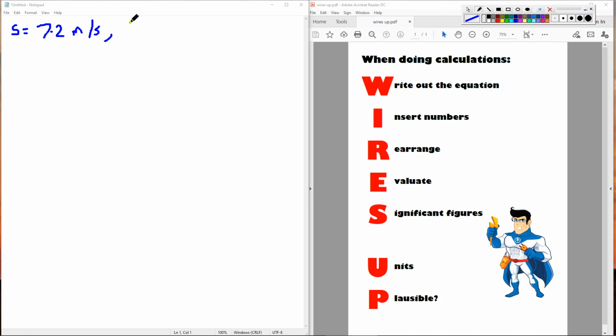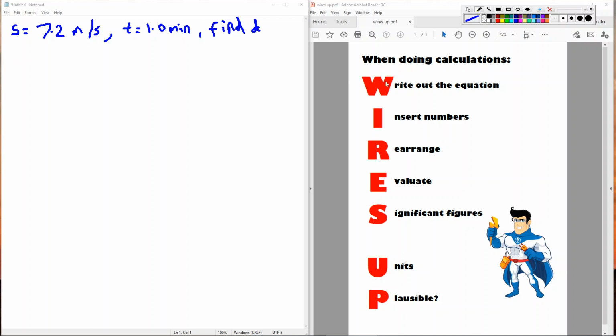And we're going to say it's traveling for 1 minute. We are being asked to find the distance travelled, so find D.